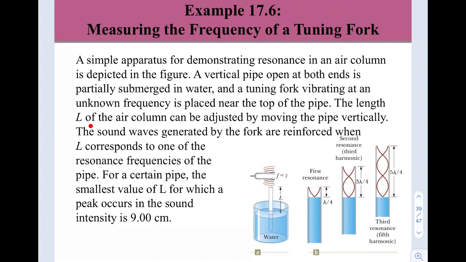The length L of the air column can be adjusted by moving the pipe vertically. The sound waves generated by the fork are reinforced when L corresponds to one of the resonant frequencies of the pipe. For a certain pipe, the smallest value of L for which a peak occurs in the sound intensity is 9 cm.